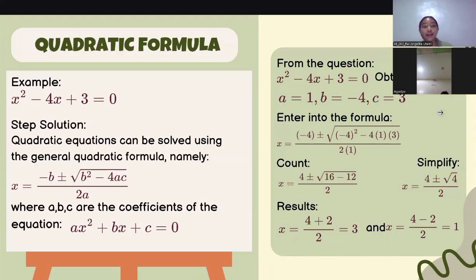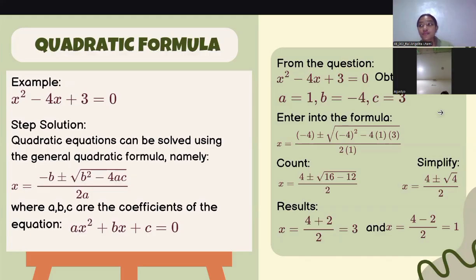The formula is x equals negative b plus or minus the square root of b squared minus 4 times a times c, all over 2a.